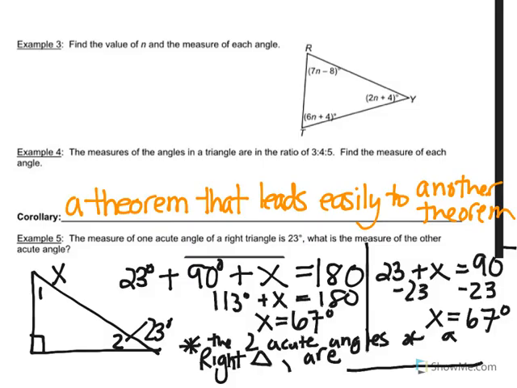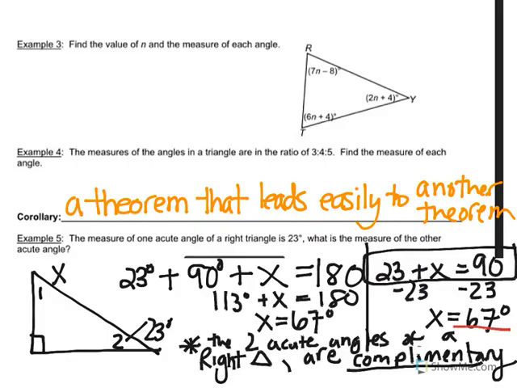What word are we going to put in for two angles that add up to 90 degrees? We're going to say they are complementary. Good? So there's a corollary. The two acute angles of a right triangle are complementary. Okay, let's turn the page.